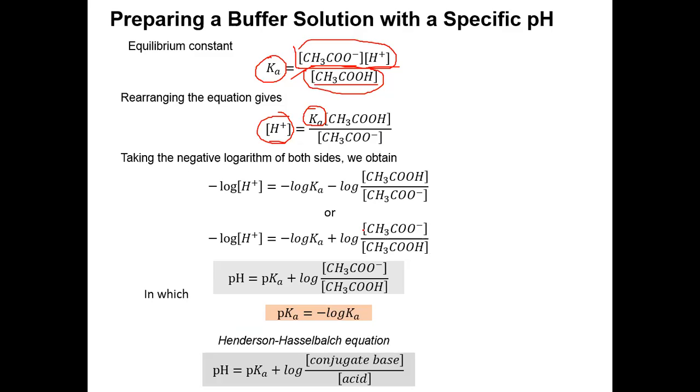But how to prepare the buffer solution? Let's look at this equation here. If we want to prepare a buffer solution with a particular pH, because buffer solutions can have different pH, how can we change the pH of the buffer solution? We can change the ratio of the concentrations of these two. We can make this one higher, this one lower, and we can change pH.